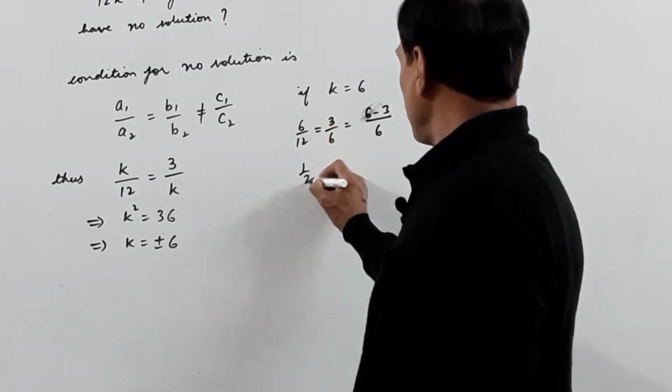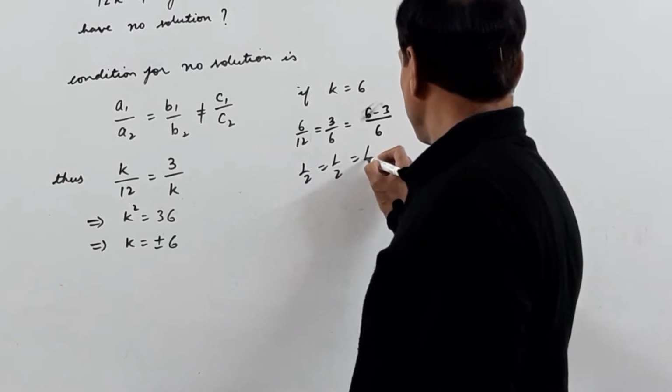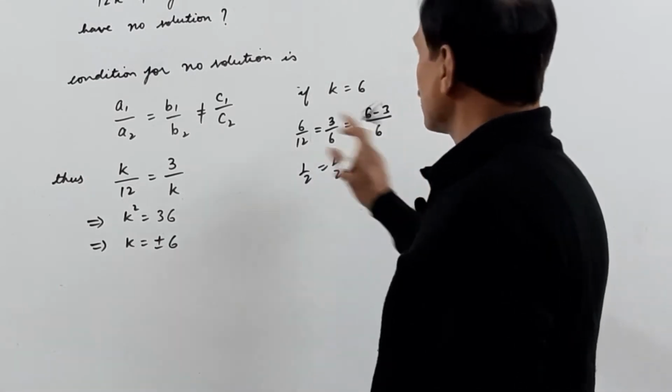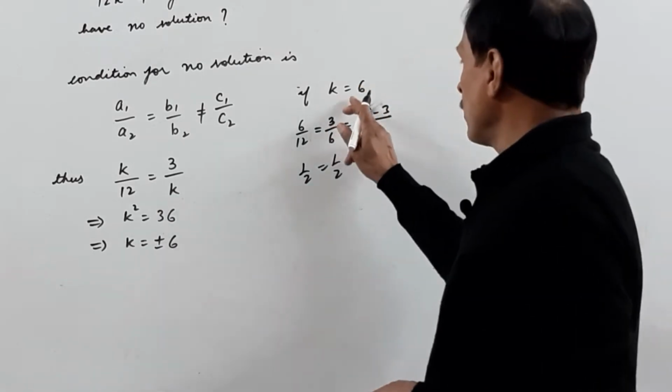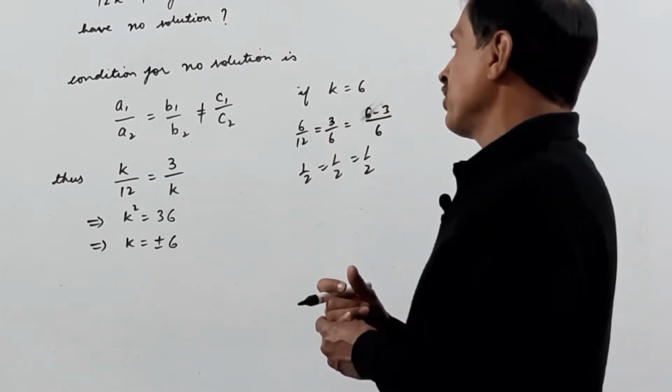This is 1 by 2 is equal to 1 by 2 is equal to 1 by 2. The condition is not fulfilled. It means k is equal to 6 is not the solution.